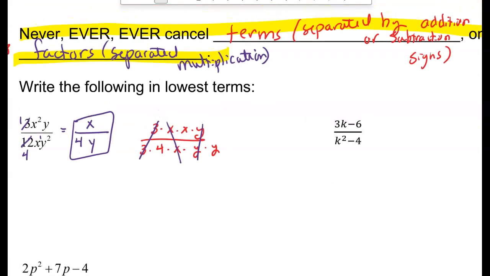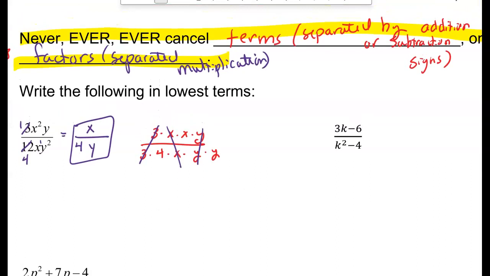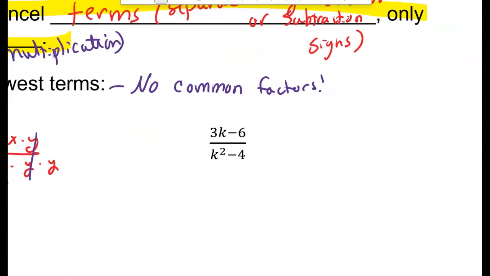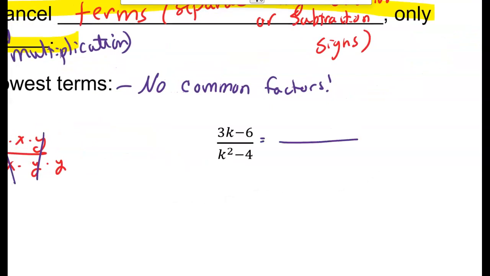Now, it says write the following in lowest terms, which means the following. No common factors. So how do I get common factors? You factor. I know, profound moment here. To get common factors, you gotta factor. So look at this first one. Can I factor the numerator?